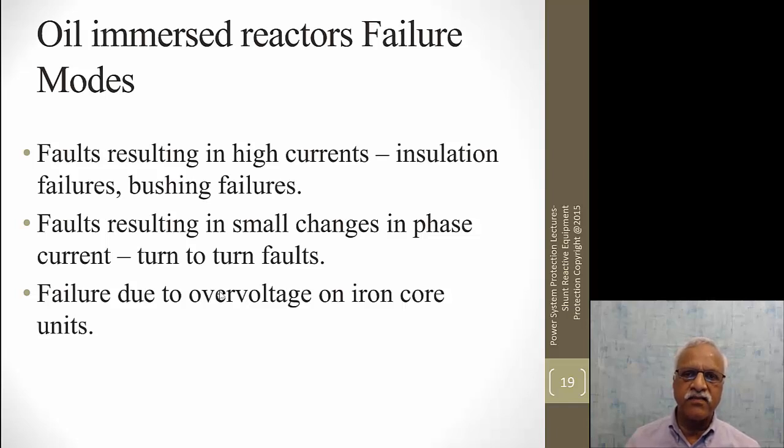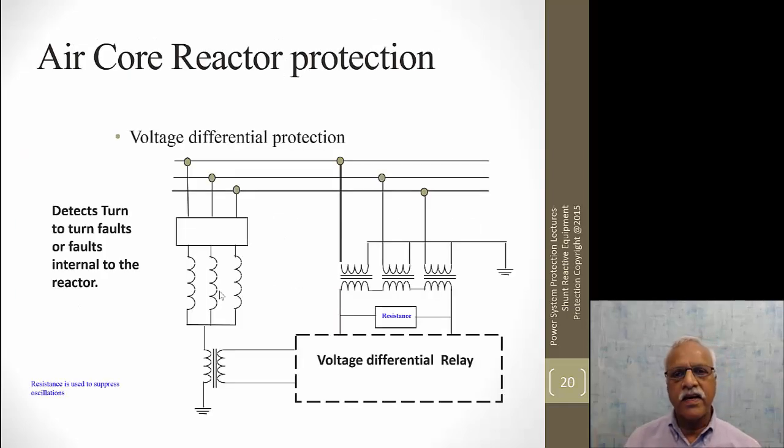So the reactor itself is subjected to overvoltages in a transmission system. Then you need to have protection to disconnect it and trip the line if the voltages are much higher. On the air core reactors, which are used on the tertiary of the transformer, this is a voltage differential relay.